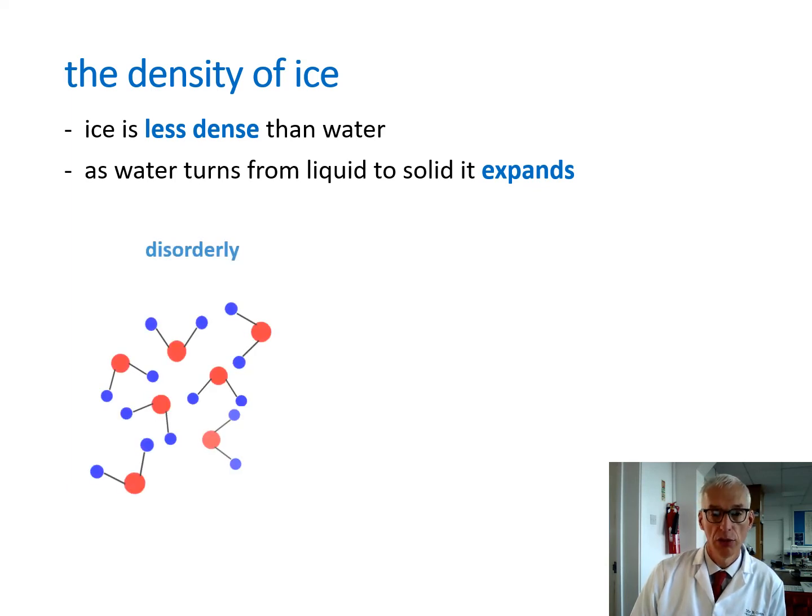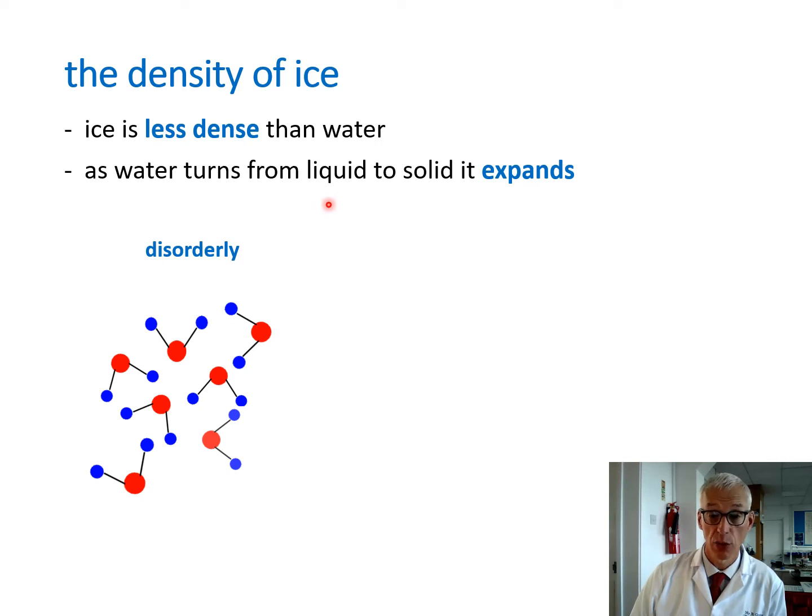We assume that in the liquid state, water molecules are in a disorderly arrangement, represented here. So we've got the V shape for water molecules, of course. So V-shaped water molecules in a disorderly arrangement, representing the liquid. So the disorderly arrangement is thought to exist in a liquid.